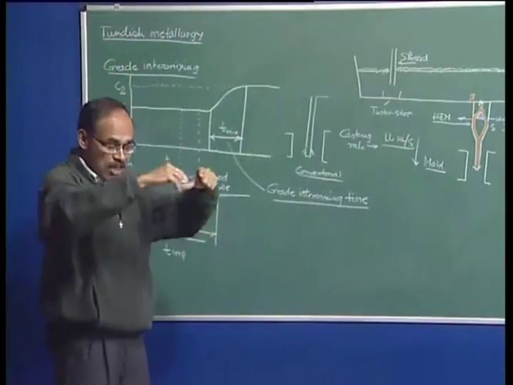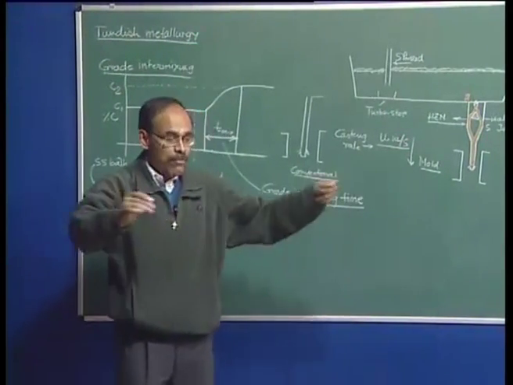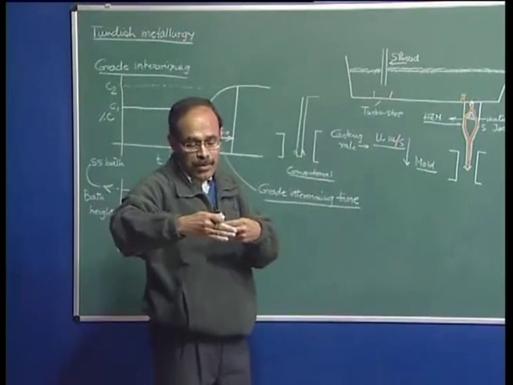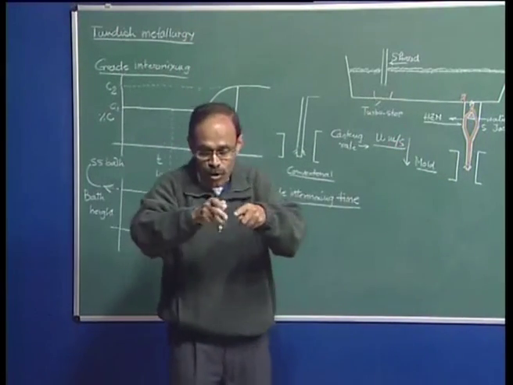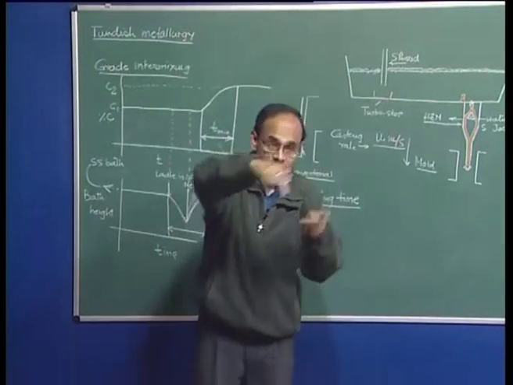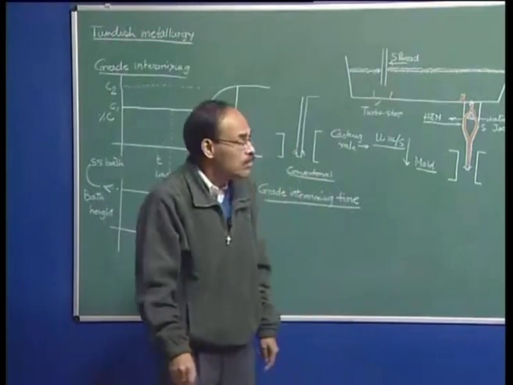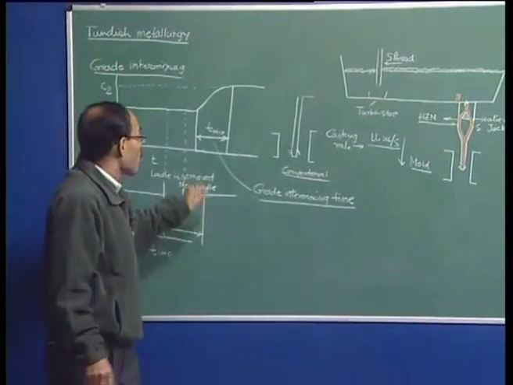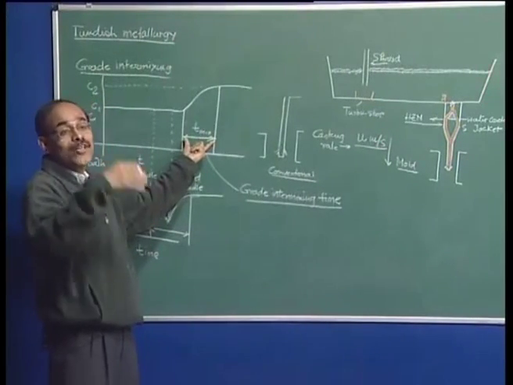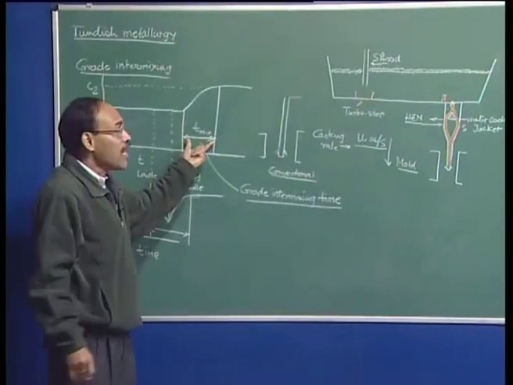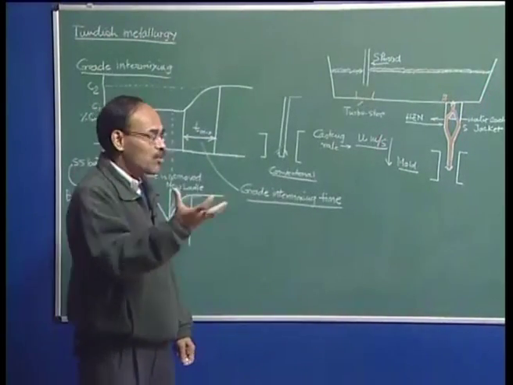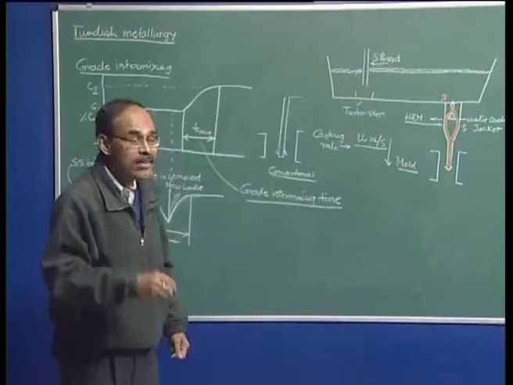Now, if I know the cross section of the slab, for example, the slab may be 1500 millimeter wide and 200 millimeter thick, so I know the cross section. If I multiply that length with this cross sectional area, I get the volume of slab corresponding to this grade intermixing time, and I can convert that volume into mass of steel and say that the mass of the transition slab is so many tons.